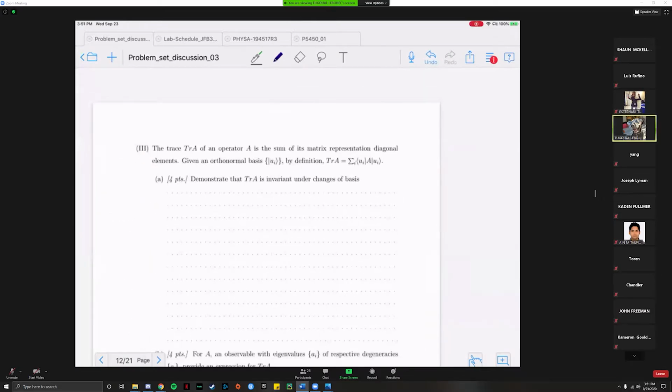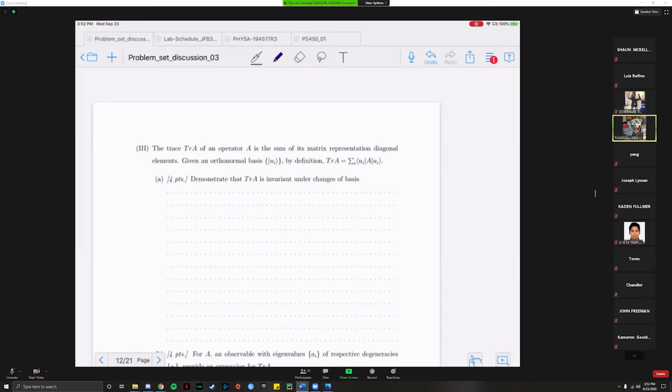basis. Now you see that the way it is worded suggests that the trace of A is a property of A, and I have been trying to highlight the fact that an operator is something that exists independently from the choice of a basis, right? So that means that this calculation should give a result that is not dependent on the choice of the basis.